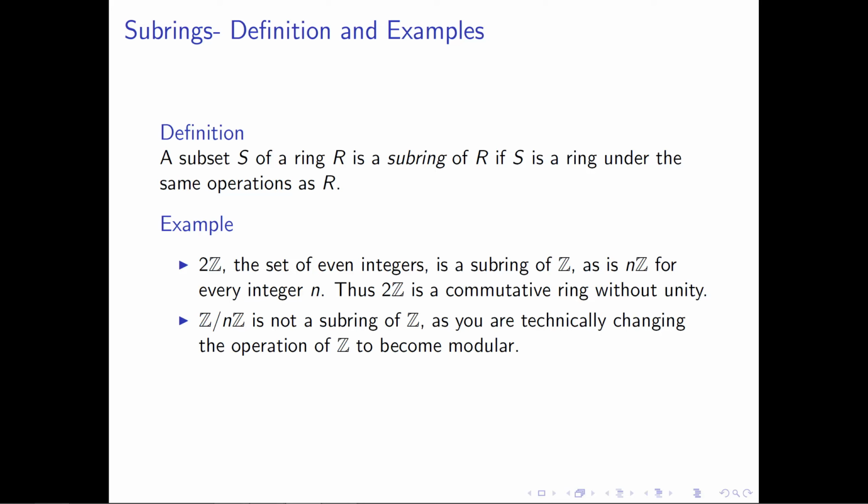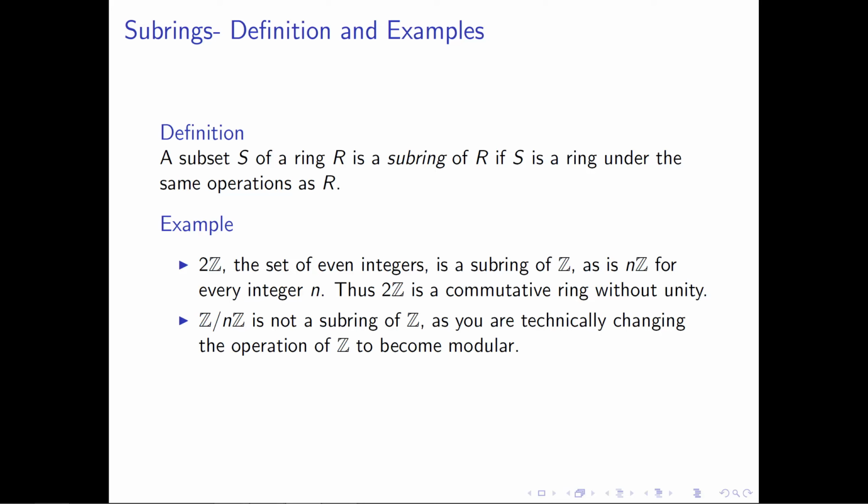Another thing I'd like to point out, this isn't actually an example, it's a non-example, but those are also helpful for clarifying your understanding. Z mod n is not actually a subring of the integers. It is true that the numbers 0 through n minus 1 are a subset of the integers, and that set does happen to form a ring.